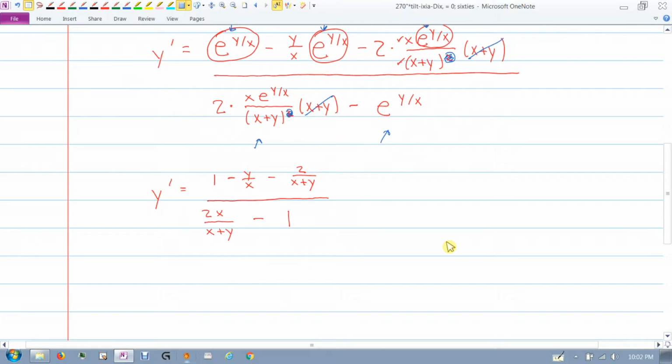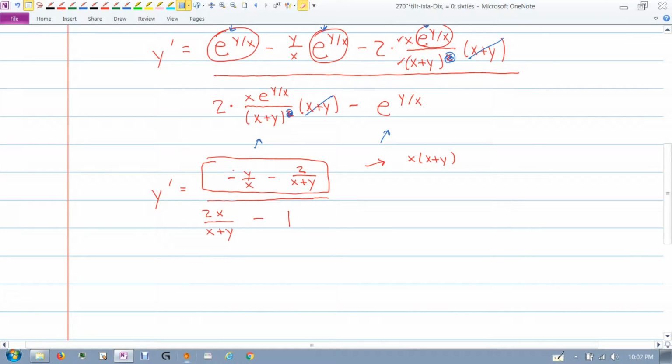Now at this point, there's lots of things we can do, but I think what I'm going to do is just get a common denominator. So between all three of these terms up top, the common denominator here would be x times x plus y. So I'm going to basically multiply whatever I'm missing to create those fractions.